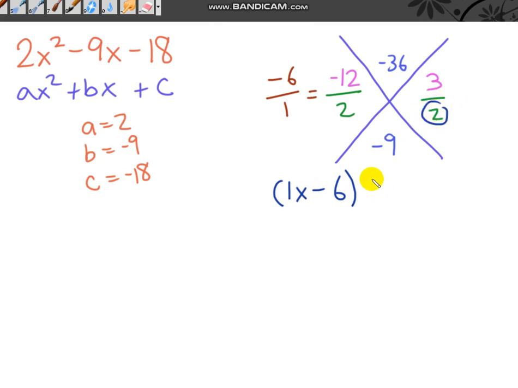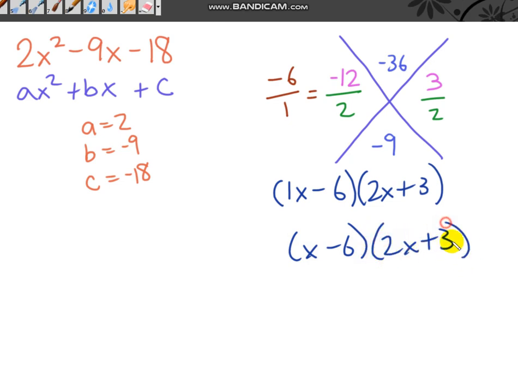This 2 will come right in front of the x, and then this 3 will come after, plus 3. So if we get rid of the 1 here, this is basically x minus 6 times 2x plus 3. And that is how we would go about doing a problem like that.